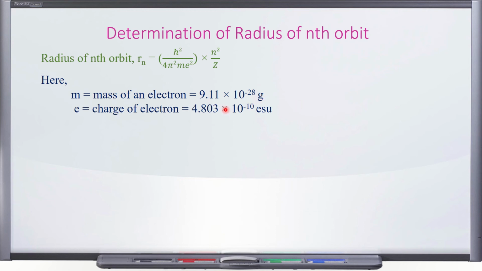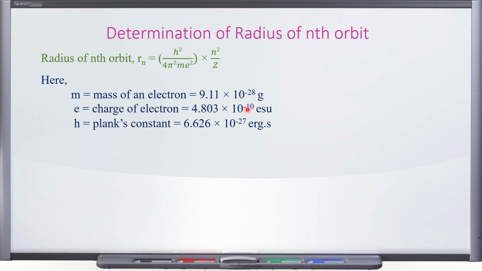In this way, Planck's constant also we will take in CGS unit. Here charge of electron e equal 4.803 into 10 to the power minus 10 ESU, and Planck's constant is equal 6.626 into 10 to the power minus 27 erg second.